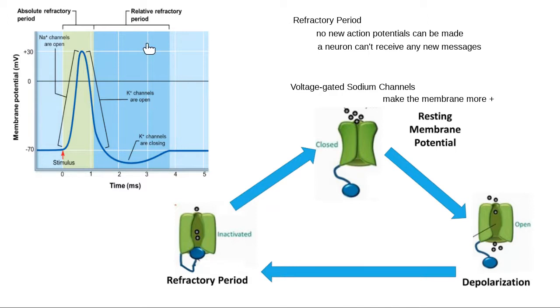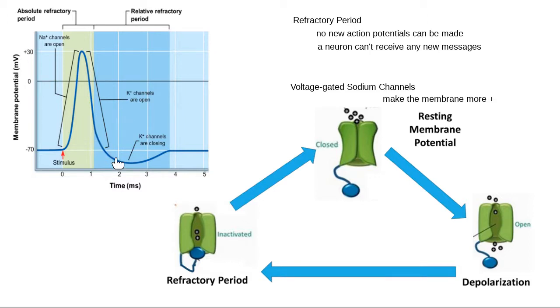So in the relative refractory period, if my message is loud enough, in other words, if I open up enough chemically gated sodium channels to get back to threshold, I can respond to a message. I've got to get to threshold though, and I'm actively making my membrane charge more negative.